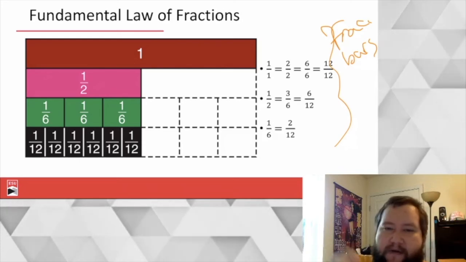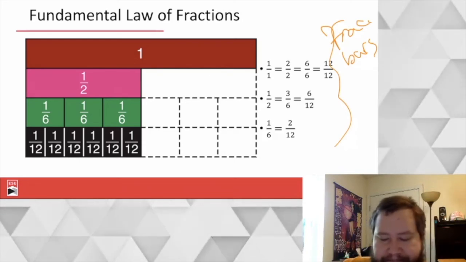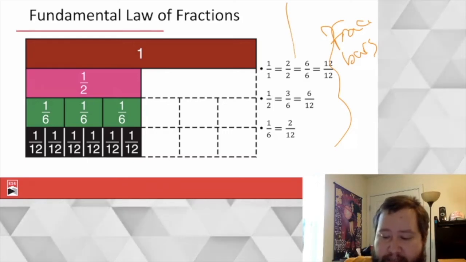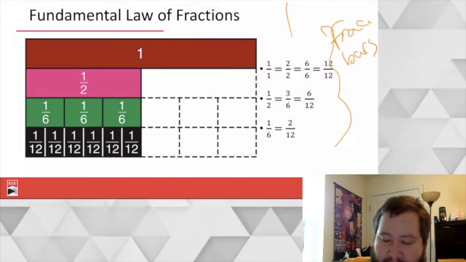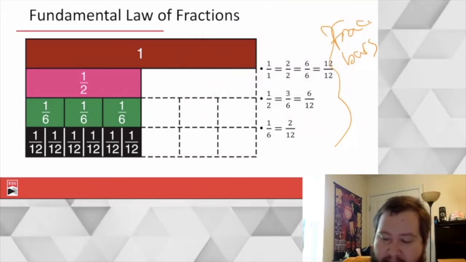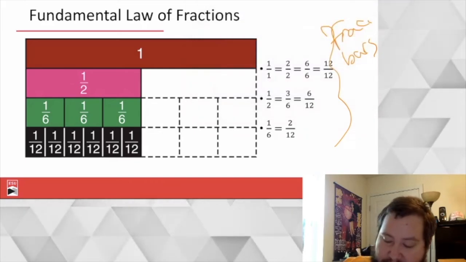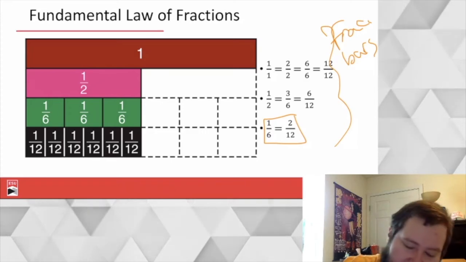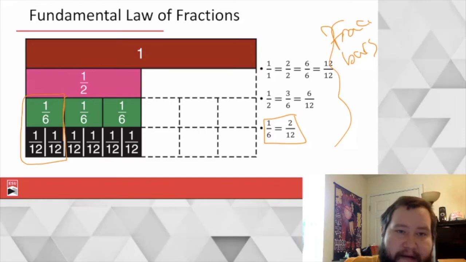Even in a summer course, I need to give you time to get familiar with concepts before we jump into using them. But when we stack them all up this way, we see those relationships that we had marked up on the previous slide. Namely, I guess not all of them, but namely this fact that 1/6 is 2/12. And we can see that because 1/6 and 2/12 represent the same area.